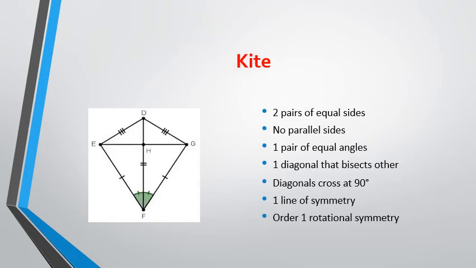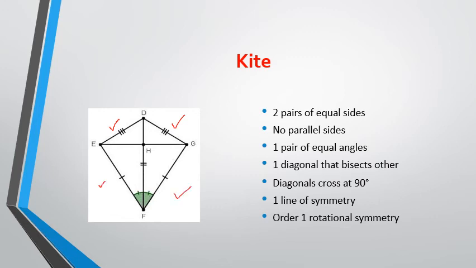The next quadrilateral that we have is a kite. We all know the shape of a kite. Here two pairs of equal sides are present, and the equal sides are not opposite ones but adjacent ones. So here you can say side ED is equal to DG and EF is equal to GF.